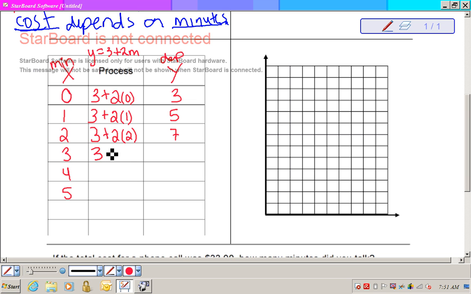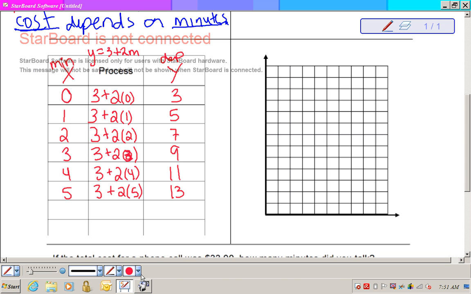Third one, sorry, that's a 3. 2 times 3 is 6, plus 3 is 9. 3 plus 2 times 4: 2 times 4 is 8, plus 3 is 11. And the last one, 2 times 5 is 10 plus 3 is 13.